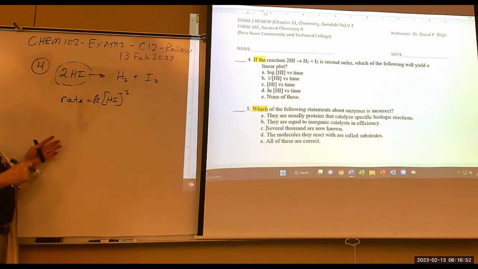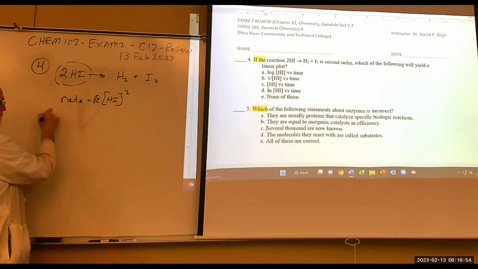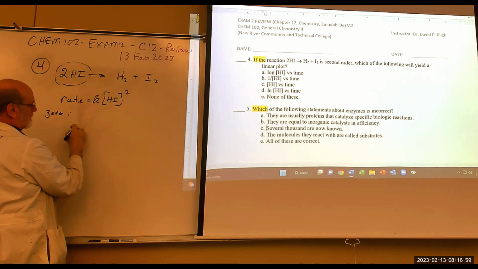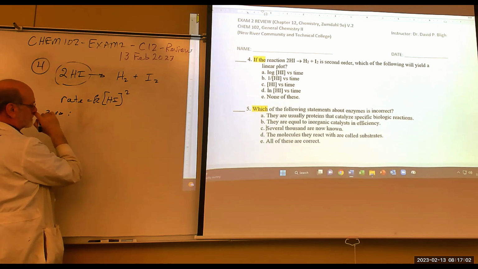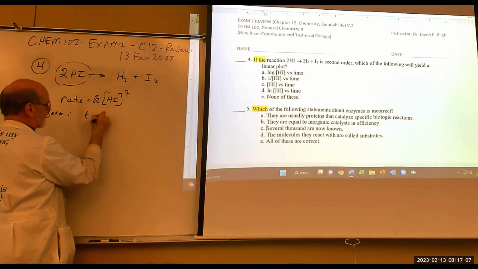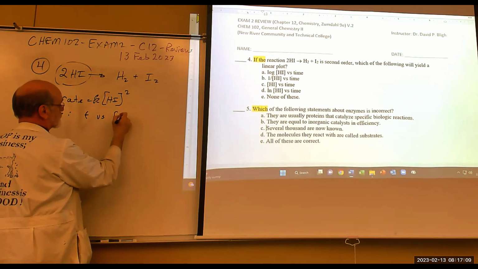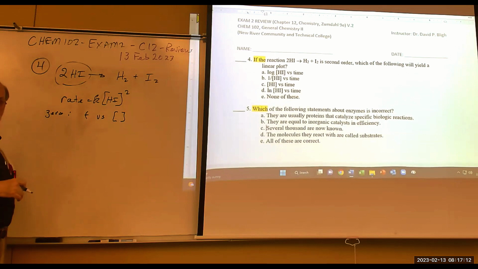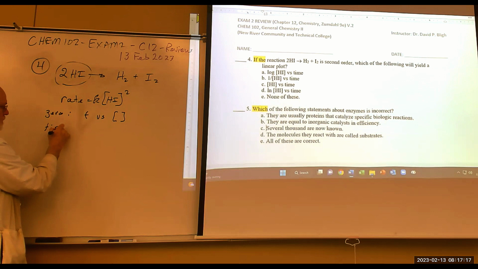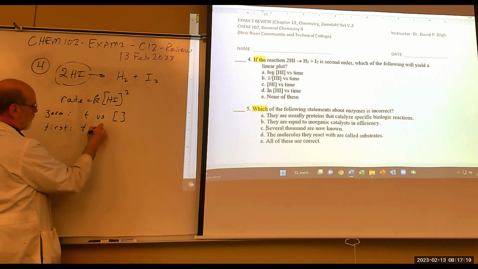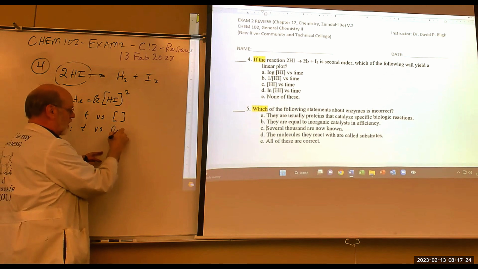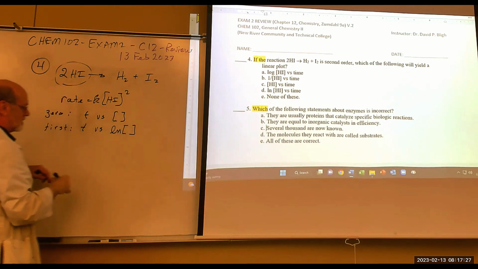Well, let's review. Zero order. What's linear for zero order? Plot time versus concentration. That's the raw data, zero order. How about first order? Time versus what? Y'all remember? Natural log of concentration.